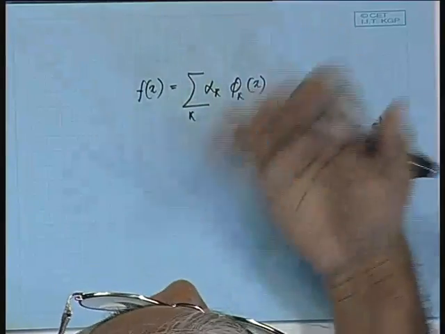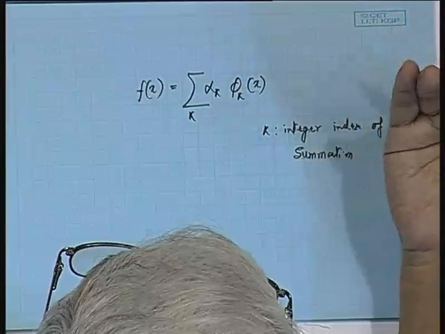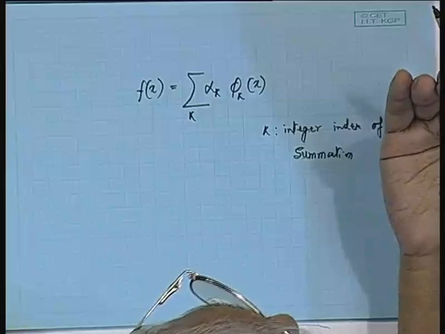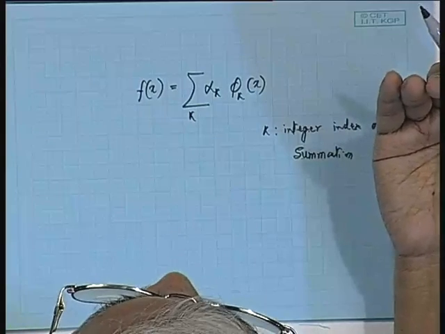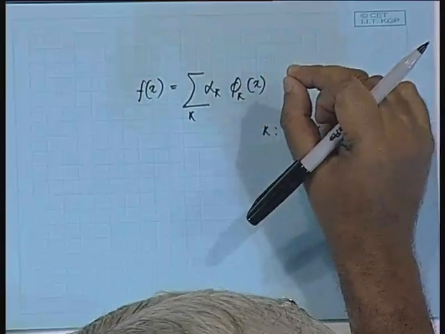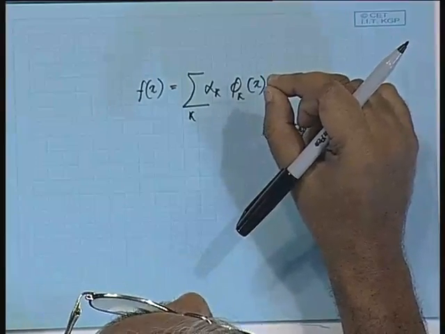Now, how many terms I keep in this series, again we have to decide based on how close the approximation is going to be. Now, this set of functions phi k's, we realize using a scaled and shifted version of some basic function.